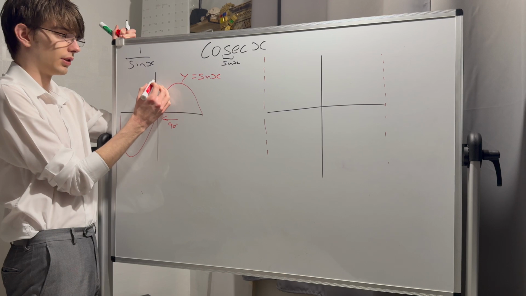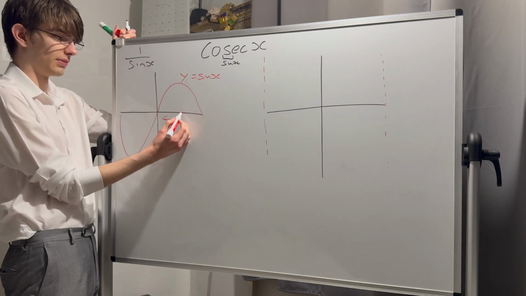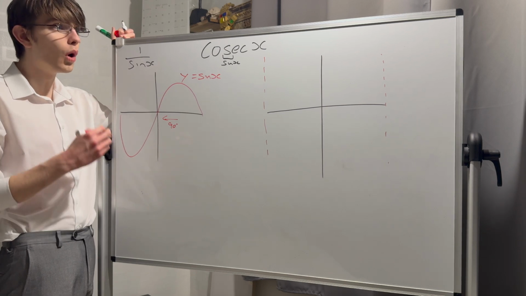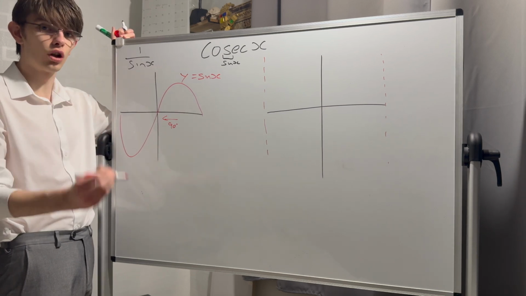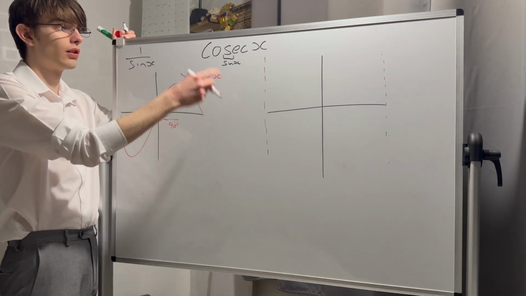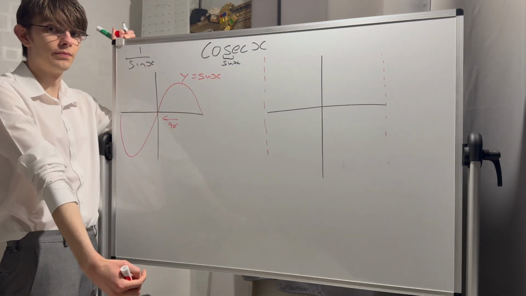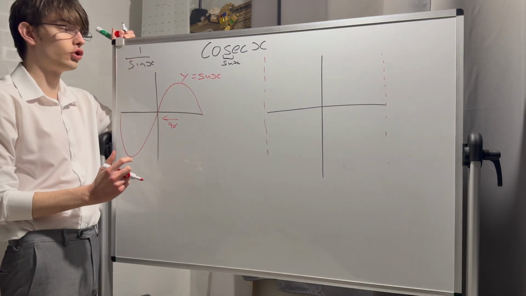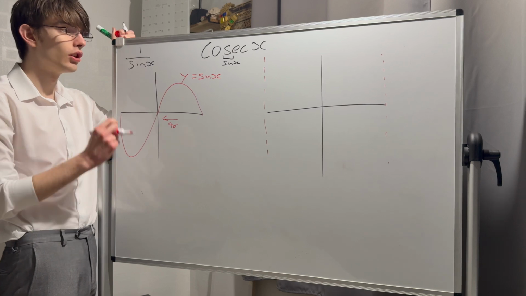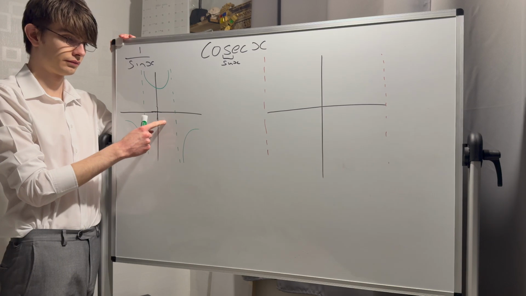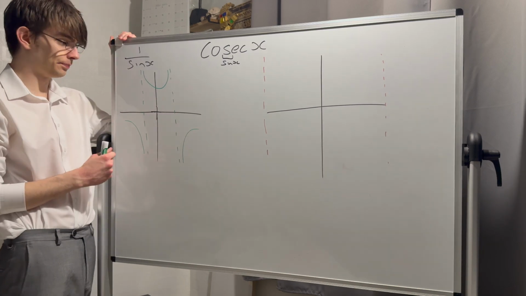This point becomes here, this point becomes here, etc. So I can apply the same logic to a cosec and a sec graph. They are both just translations of one another 90 degrees each way. So if I remind myself what the sec graph looked like, here's my sec graph.